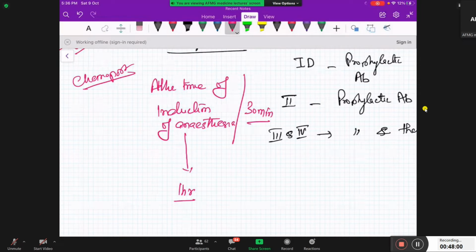Yes, sir. This chemo port is implant or not? There is an implant. It's a 1D. So prophylactic you have to give. Since you have put something inside which will be removed later, that's a different thing. But you have put something, so you have an implant left inside. So 1D. So prophylactic antibiotic.